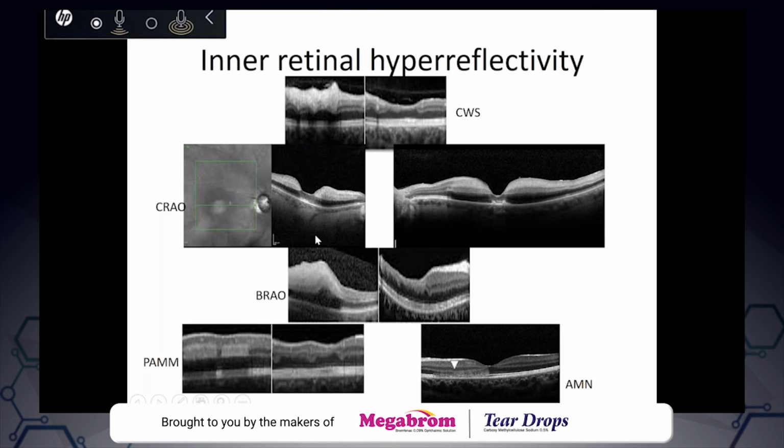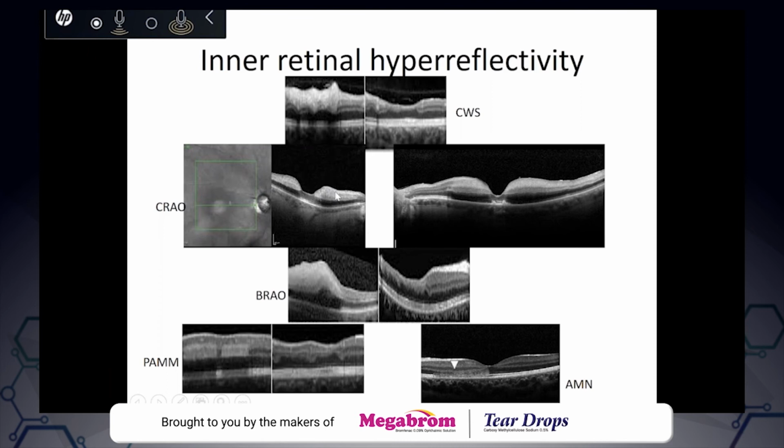Look at this patient. This patient has central retinal artery occlusion. See, the inner retina up to the outer plexiform layer is actually hyperreflective. When this patient comes initially, you can have a cherry red spot, and you can diagnose it very well. But when you take OCT, you will see the inner retina is totally hyperreflective. But if a patient comes to you maybe after 2 weeks, the cherry red spot may not be so evident.